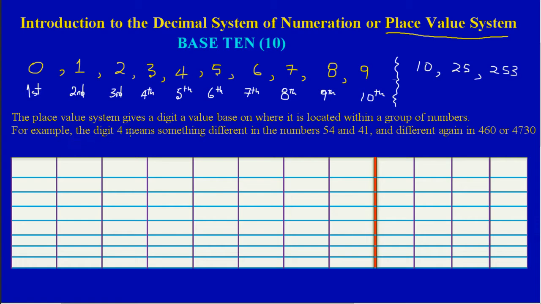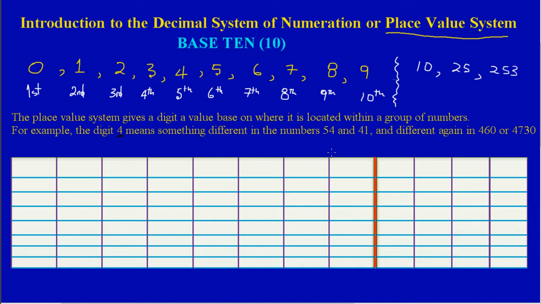For example, the digit 4: based on where the digit 4 is located, it means something different in the numbers 54, 41, and it is also different in 460 or 4730. Later on we're going to be looking at how 4 will take a different value based on the column that it falls in the place value system.